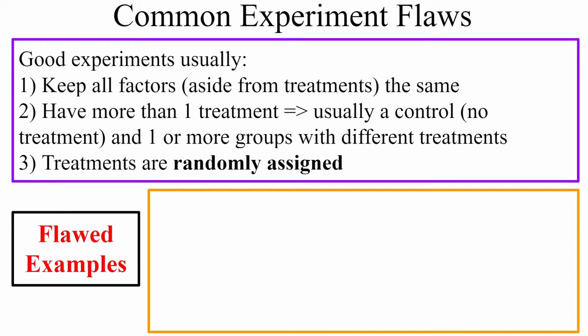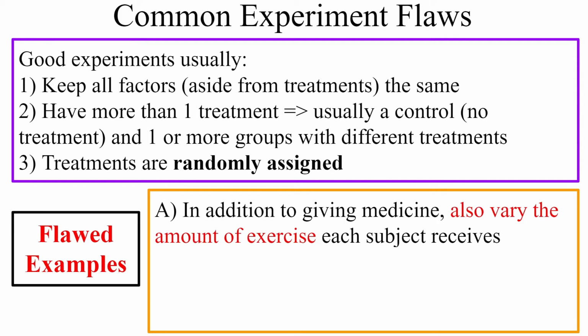So here are some examples of each of these flaws. Let's say in the weight loss example, in addition to giving medicine, we also varied the amount of exercise. Okay, that's two things we're varying, two factors we're varying. We don't know if it's the medicine causing the weight loss or the exercise causing the weight loss. So we shouldn't do them at the same time.